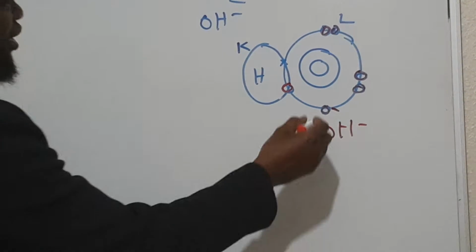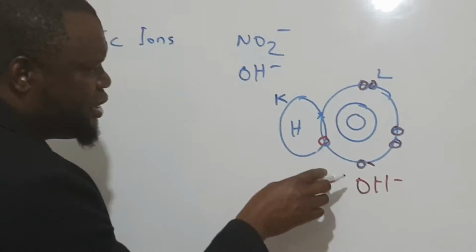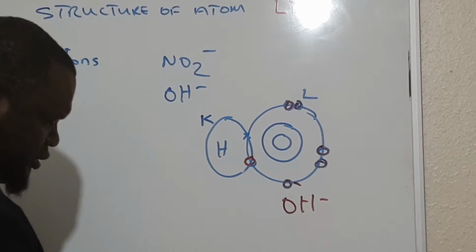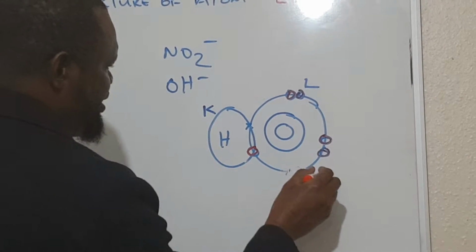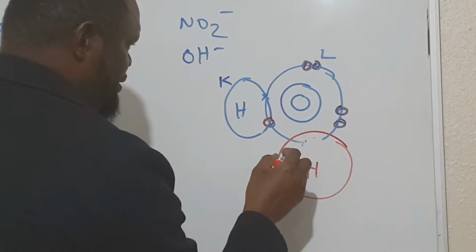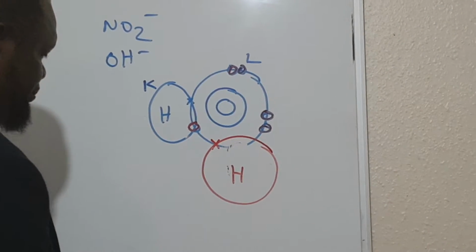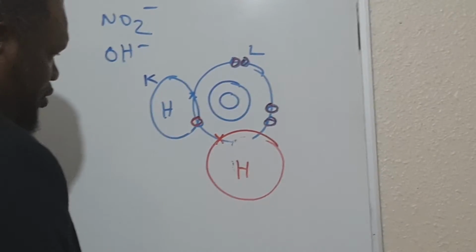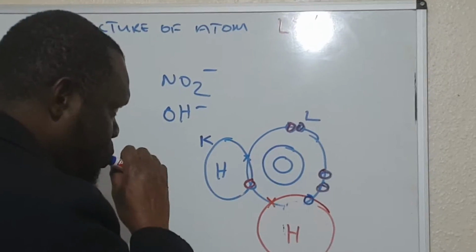If I told another hydrogen to come here and provide another electron, that will be water then. Let's look at that scenario. Let's say another hydrogen comes here. It provides its one electron, and the last electron of oxygen.